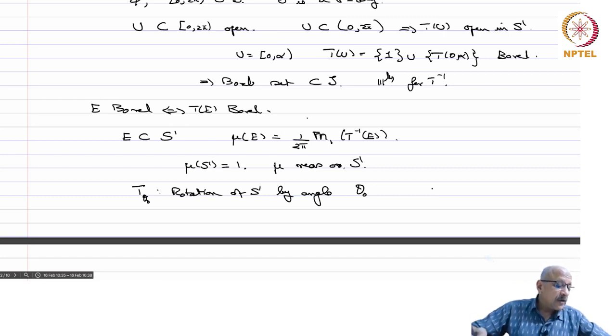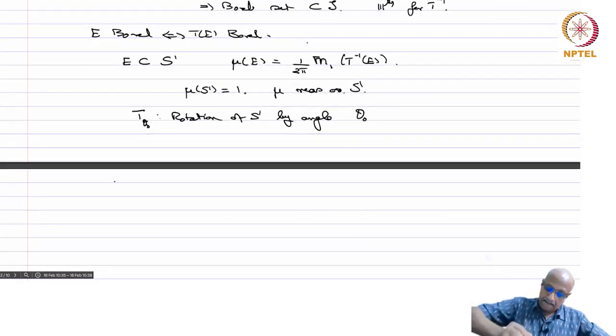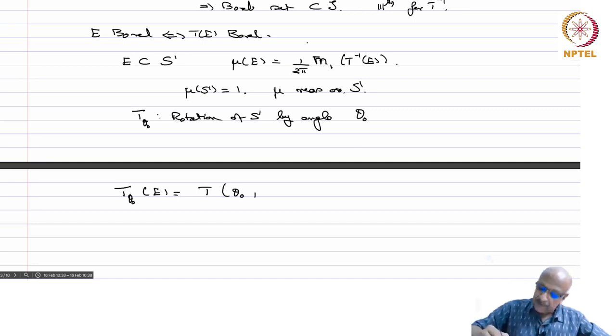Now what is R theta naught of E? This is nothing but T of theta naught plus T inverse of E, where T is the mapping which I gave before.